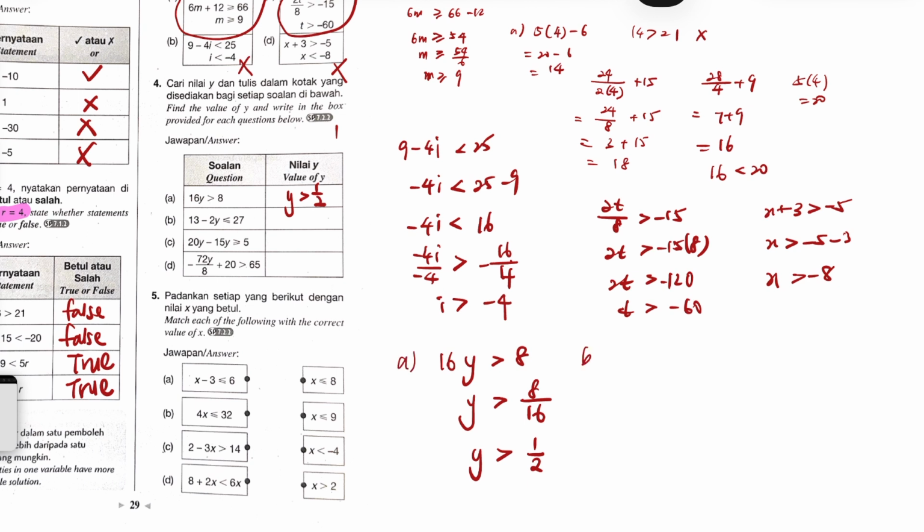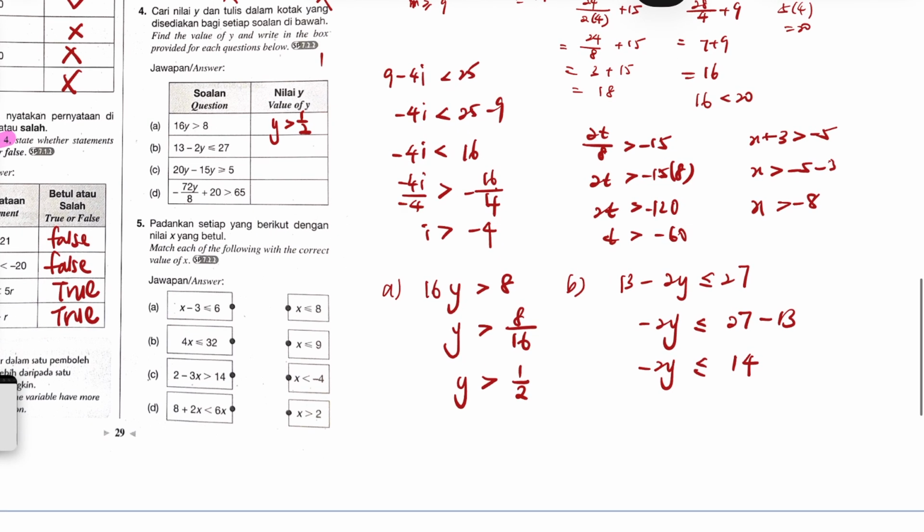As for B, 13 minus 2y less than or equal to 27. So we are going to minus 13, right? So 27 minus 13. So negative 2y less than or equal to 14. When we want to get rid of the negative 2, we divide both sides by negative 2.